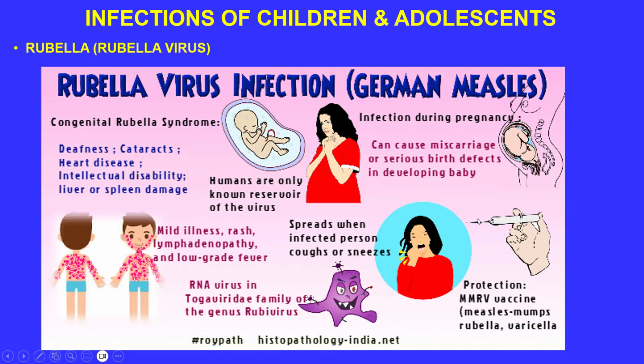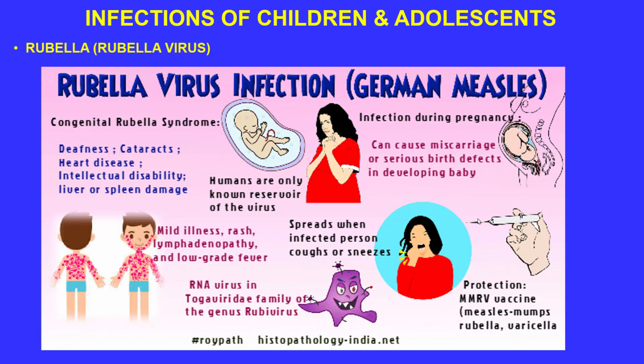There was a severe concern also in the 50s and 60s with German measles, and that is the congenital rubella syndrome. What happens is the pregnant mother gets an infection during pregnancy. Now, humans are the only known reservoir for the virus.